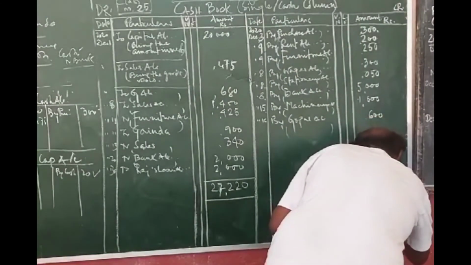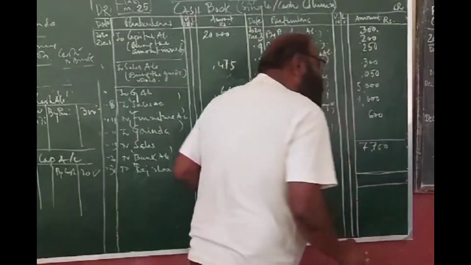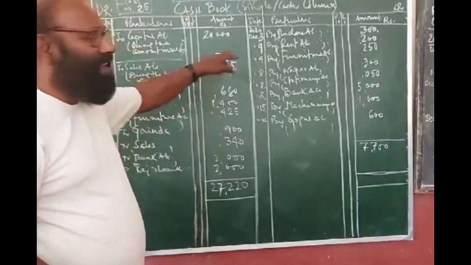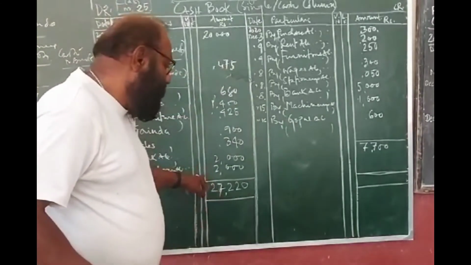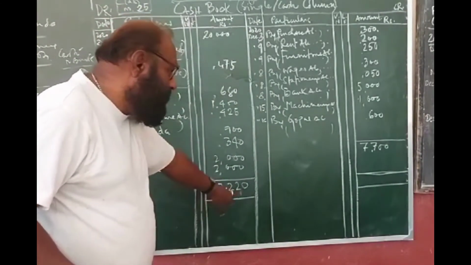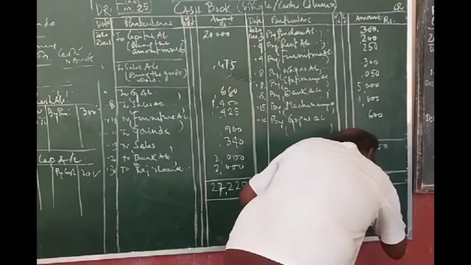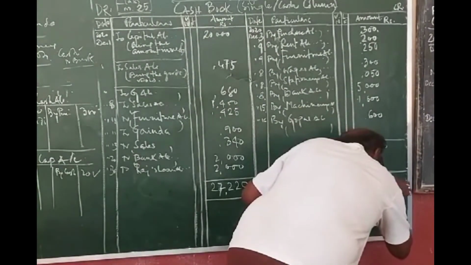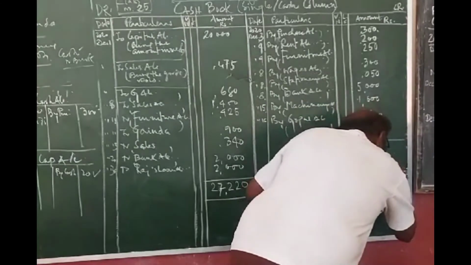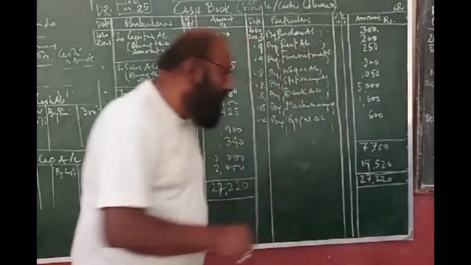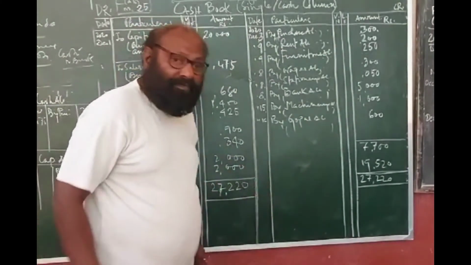You know the way of balancing. The debit side is higher. In the cash book, the debit side should always be higher, because if you don't have the cash, you cannot make the payment, so it should have a debit balance. It is 27,220. Now what is the difference? 25,... 1,900 and 520.